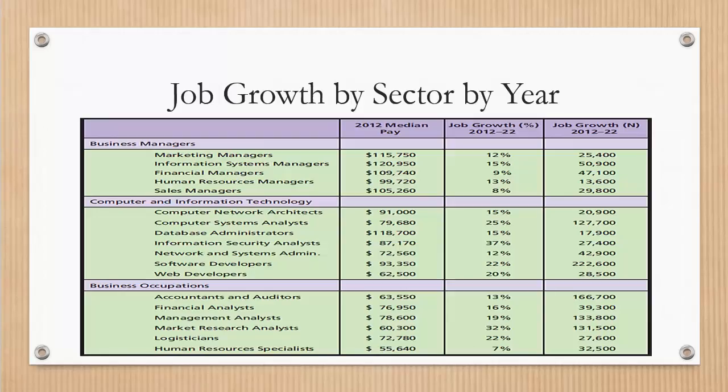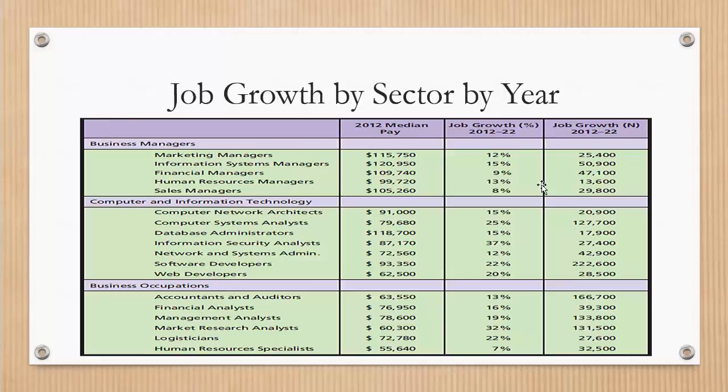We can also look at growth a little differently with these tables here. So this came from the Bureau of Labor Statistics, and these are the job projections of the different areas. So if you're looking at business managers or computers and information technology, what the median pay is, what the expected job growth is, and what it would be in numbers.